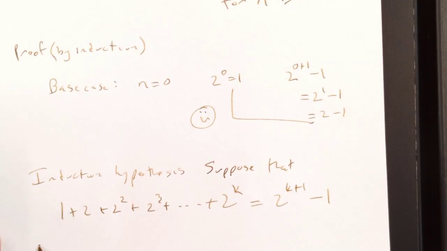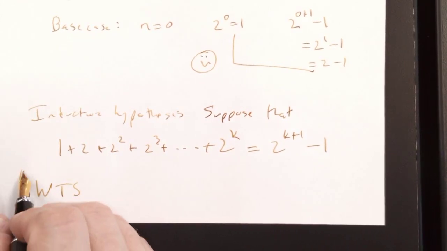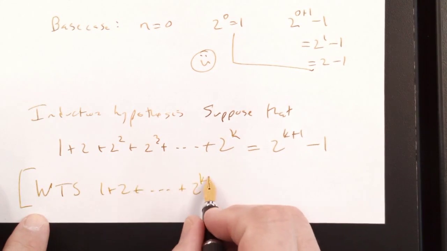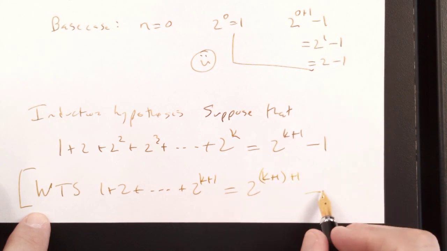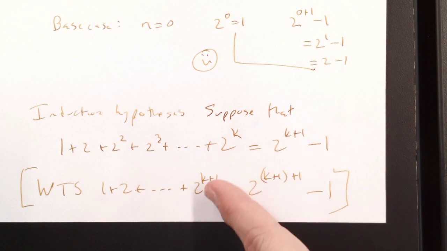Now, I want to show, WTS is just an abbreviation for that, I want to show that the pattern holds for one more. I want to show that I can get from P of k to P of k plus 1.